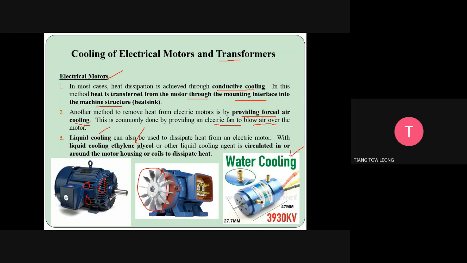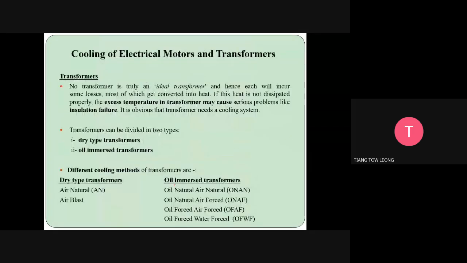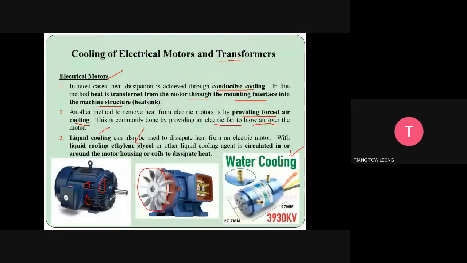For example, water goes inside the stator, and then flows out another way. This is the so-called liquid cooling. It's like our car engine. Our car engine is also the same: the water circulates around the combustion area.